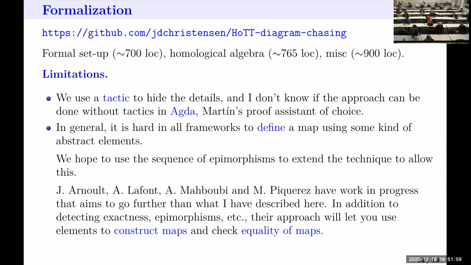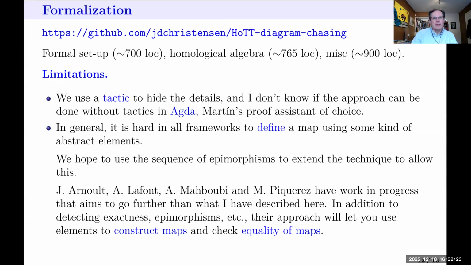I'm not quite sure how exact sequences work with factorization systems, because I'm trying to think while I'm listening to your talk. So maybe there's some different kinds of diagram chasing using factorization systems that you could try out using your methods.